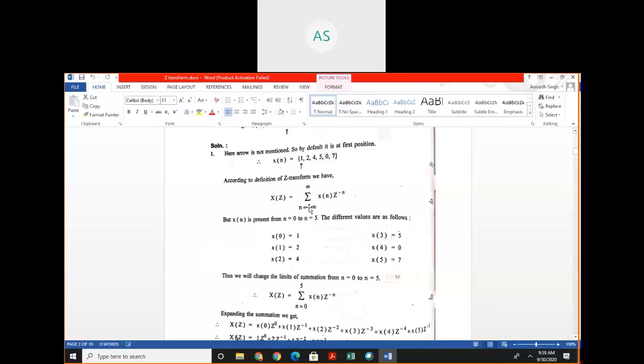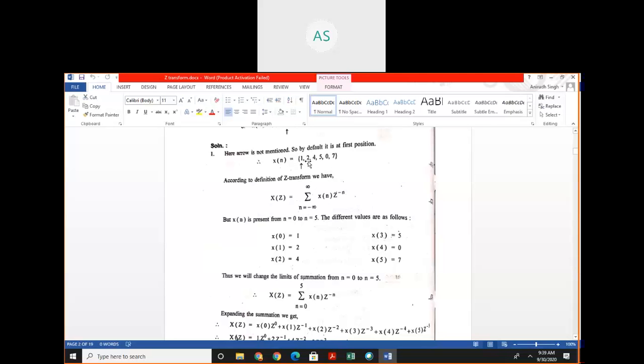According to the definition of the Z transform, X of z is given by summation n from minus infinity to plus infinity x of n multiplied by z raised to the power minus n. But x of n is present only from n is 0 to n is 5.